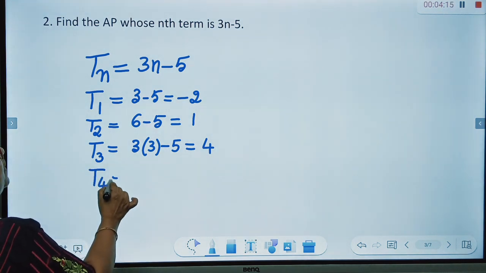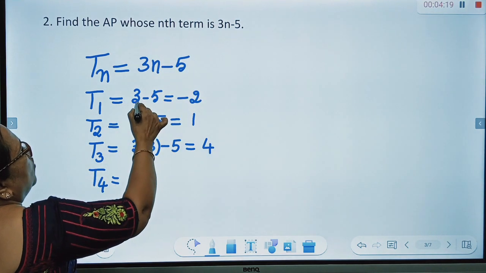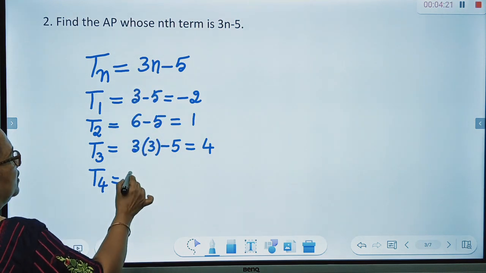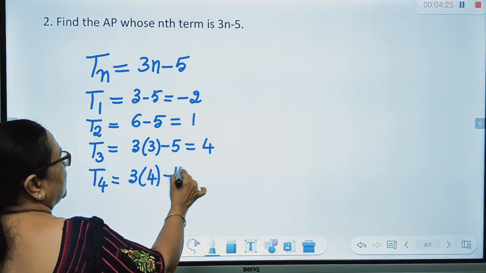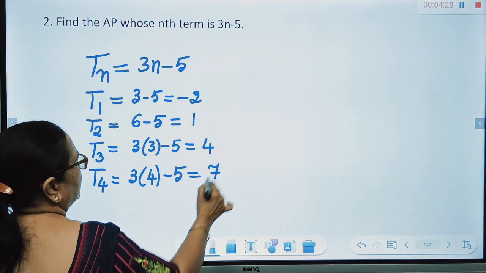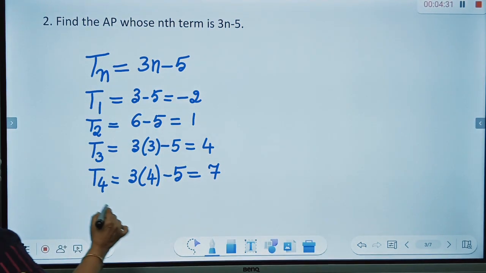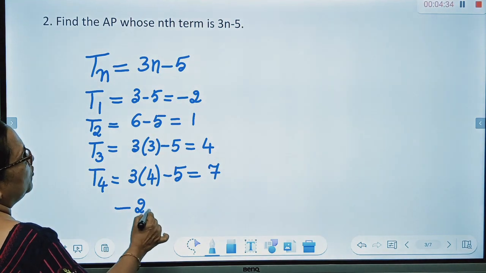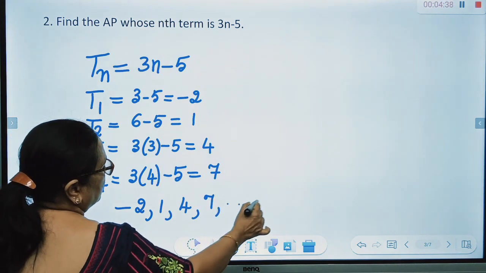Fourth term will be, so everywhere I am substituting in 3n minus 5. Here n is 1, n is 2, n is 3. 3 into 4 minus 5, which is 7. Are you able to follow? So what is the sequence now? Minus 2, 1, 4, 7, etc.